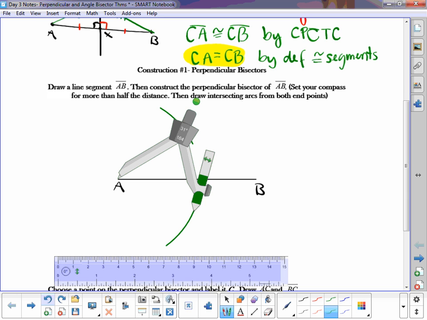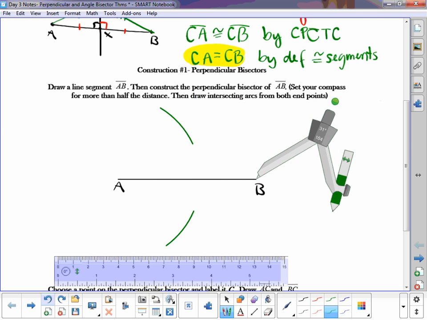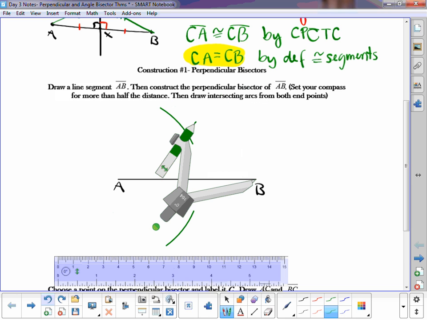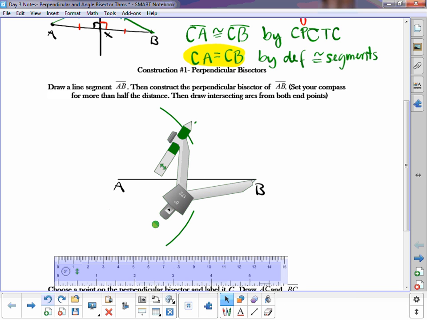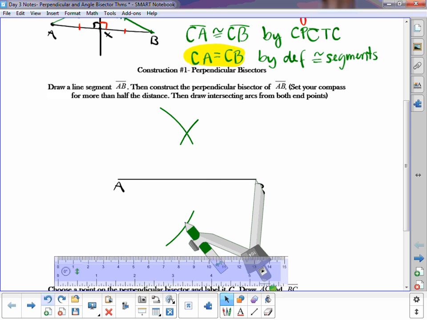And again, you're going to keep that distance the same on your compass and do the same thing to the other side. And if you have to go back because you didn't quite get the arcs to intersect, that's fine. Just keep that distance the same and you can redraw.